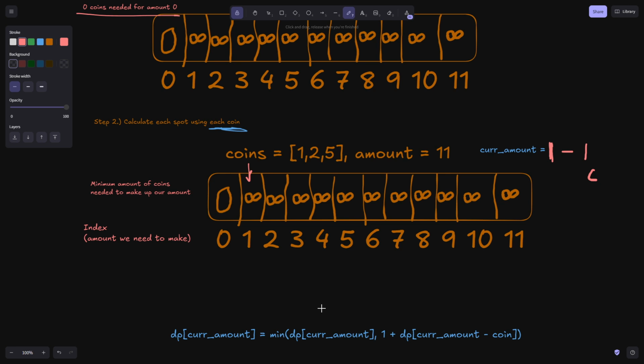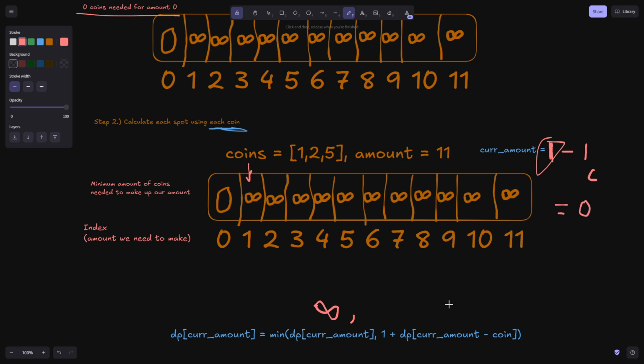We're going to do the minimum between the DP at the current amount, which is initially 1, so DP of 1 is infinity, and the DP of current amount minus coin. So 1 minus 1 gives us 0.